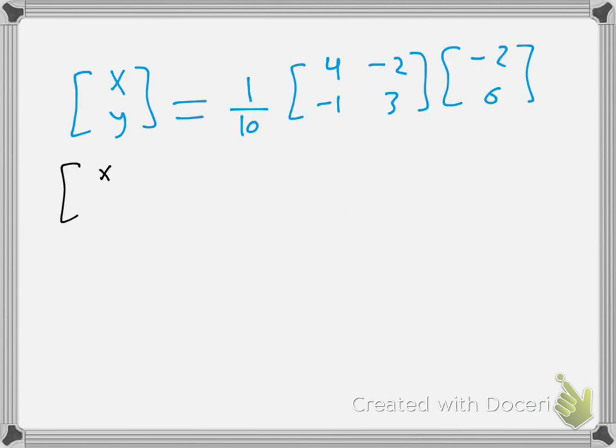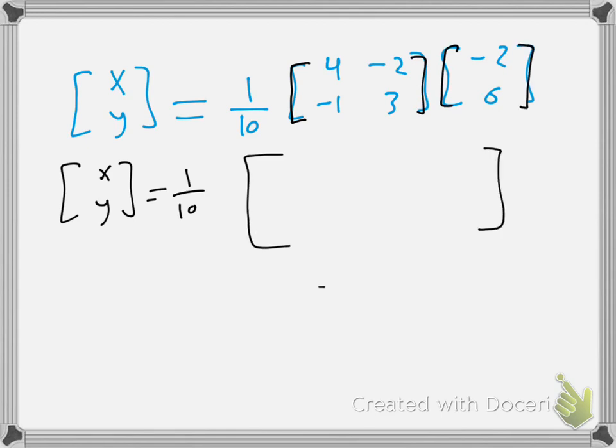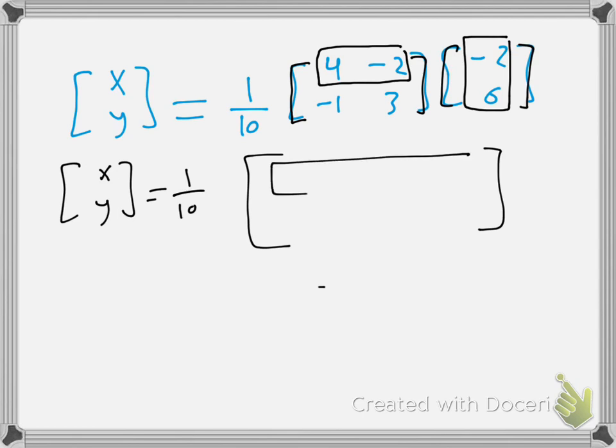Then to continue, I will just make multiplication. Then I will keep 1 by 10, and I will try now to multiply this matrix by the second one. To do that, as we used to do, I will take the first row from the first matrix, and I will multiply it by the column, and the answer here will be a row.